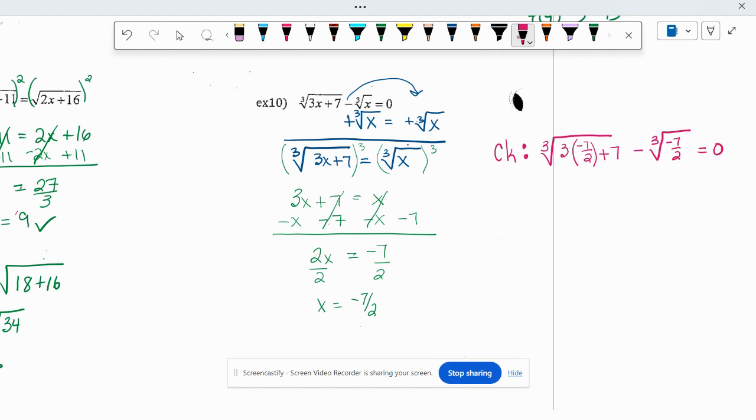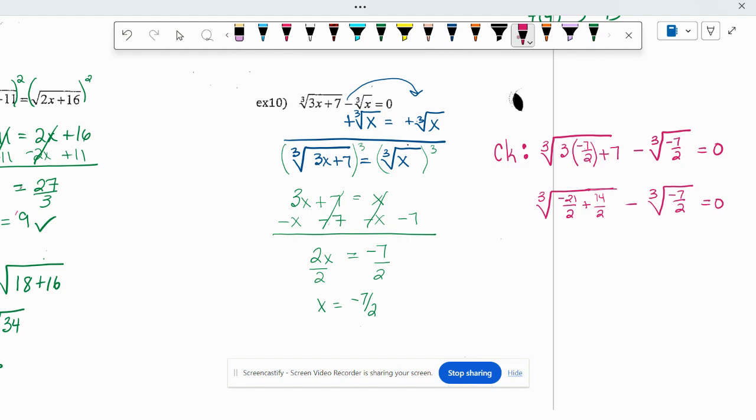Well, let's see. 3 times negative 7 is negative 21. So I have negative 21 over 2. And I'm going to rewrite that plus 7 as 14 halves. Plus 14 halves minus the cube root of negative 7 over 2 equals 0.